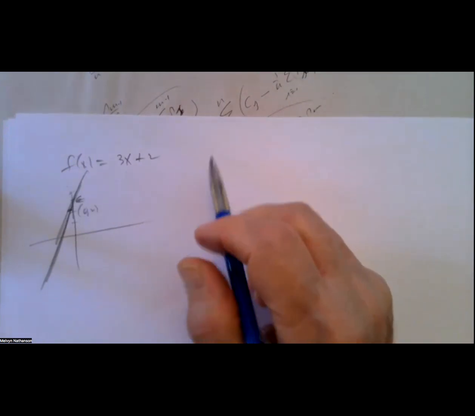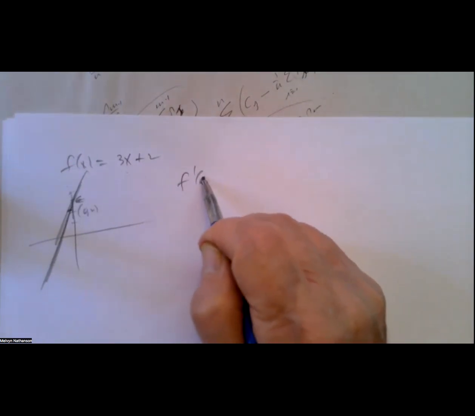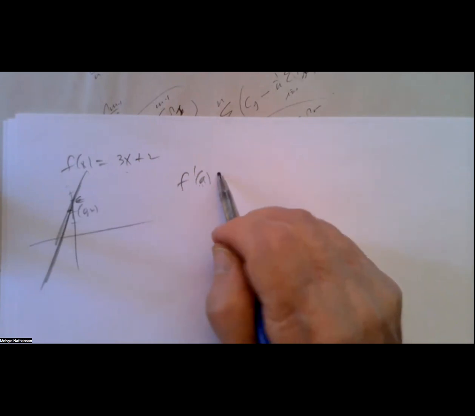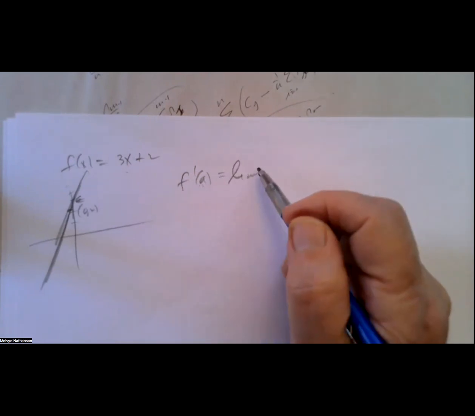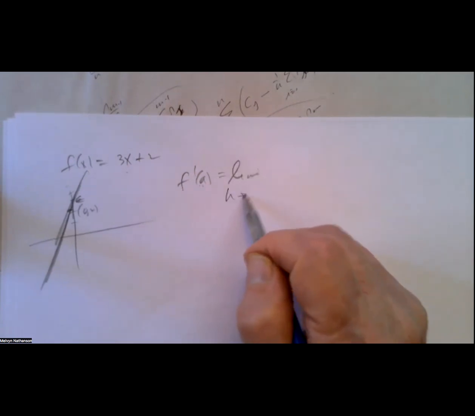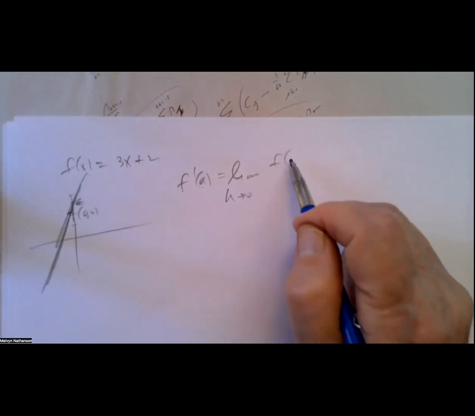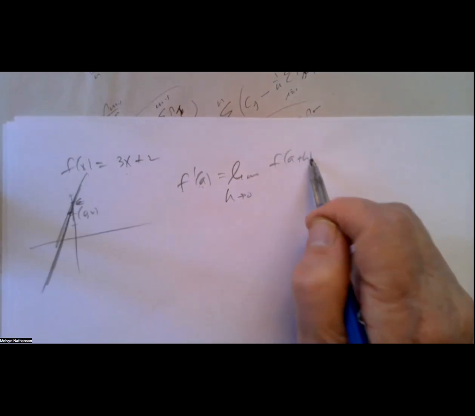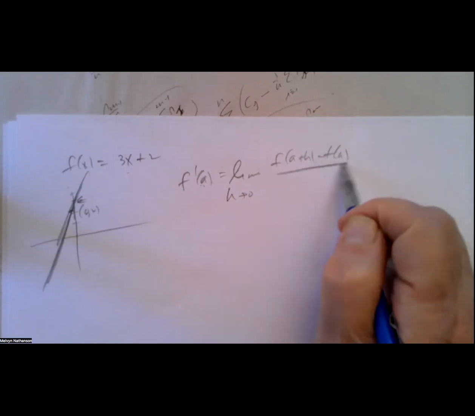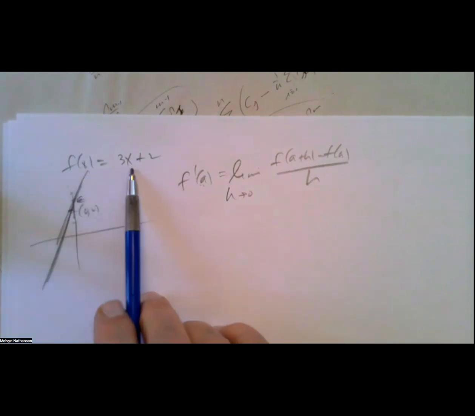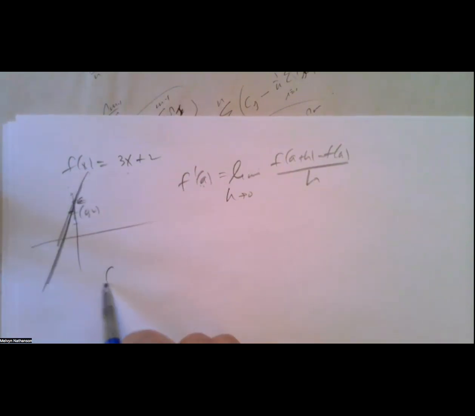So suppose I want to compute f prime at a for some number a. That's the limit as h goes to 0 of f of a plus h minus f of a over h. That's the definition of the derivative. So this is f of x. What is f of a plus h?